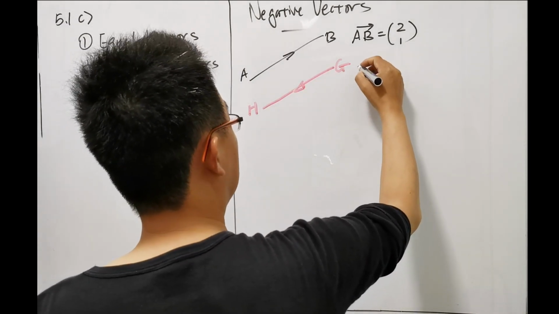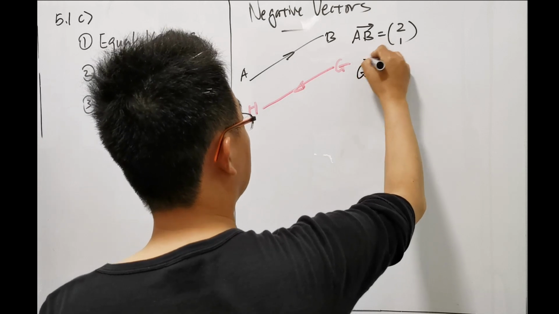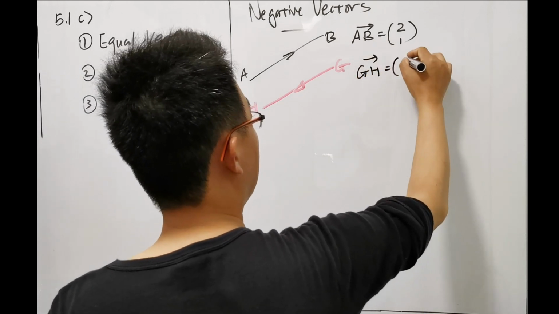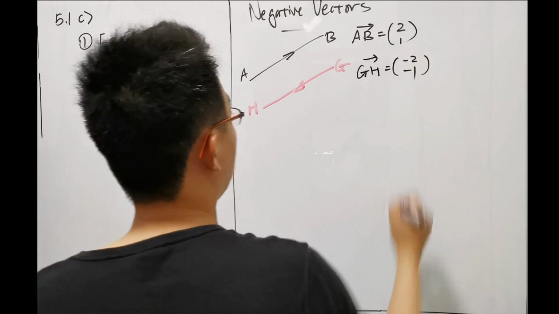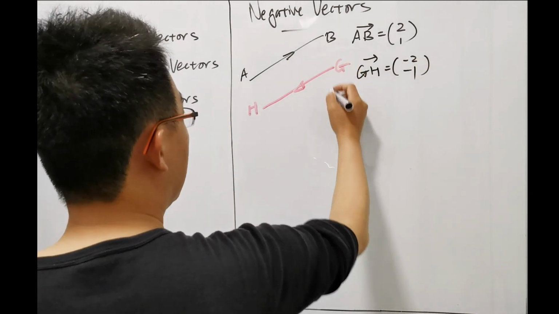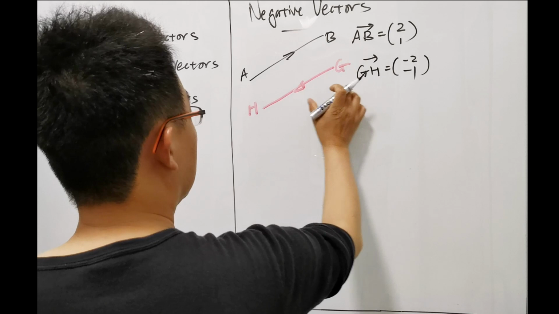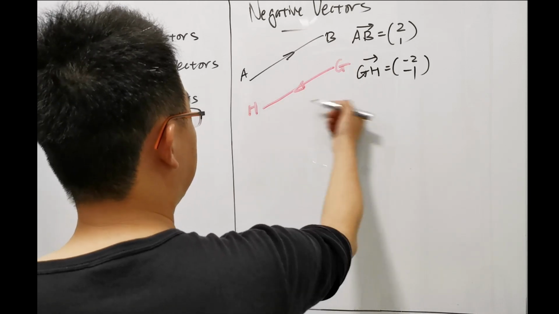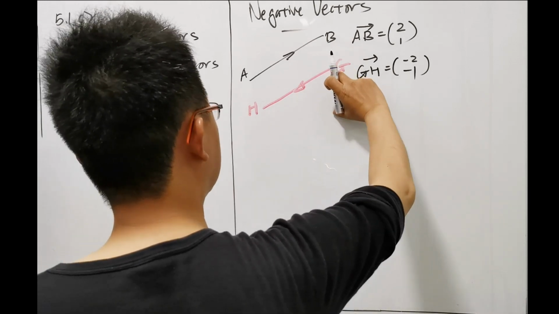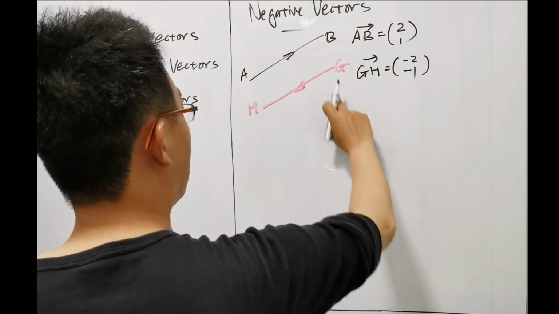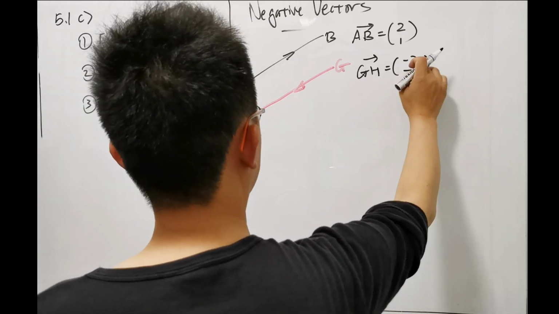So in this case, GH equals (-2, -1), because they're moving to the left two units and moving downwards one unit, so it becomes -1.